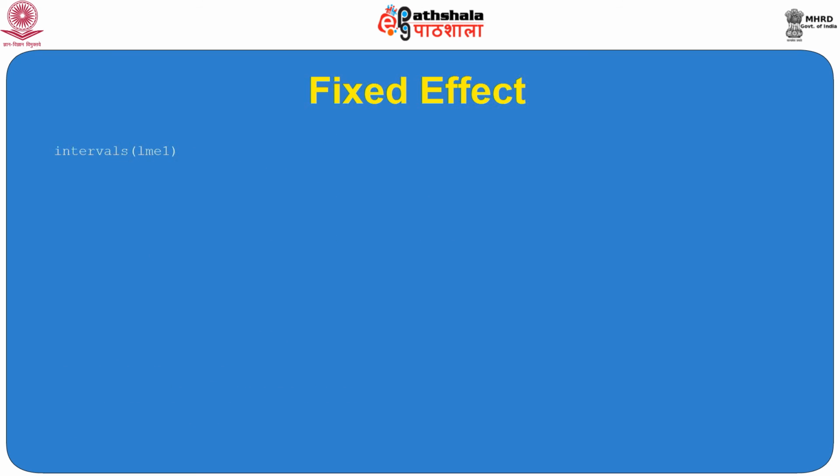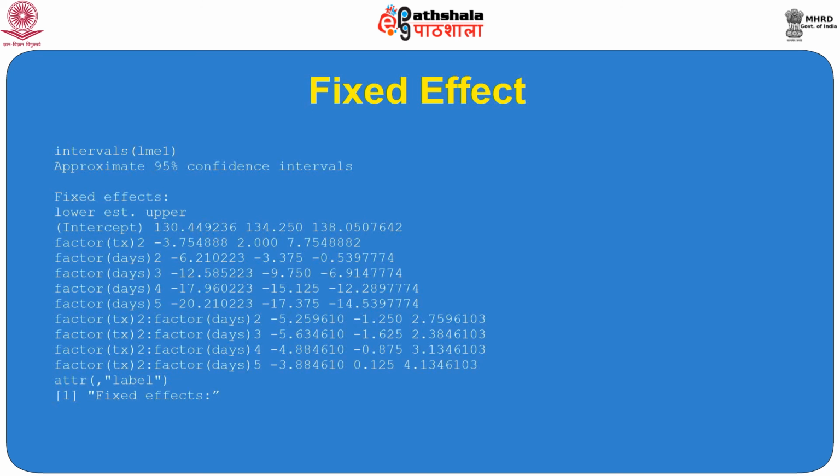Corresponding to the estimates we got for treatment and days, here we are getting the lower and upper confidence interval values, and for treatment 2 we are getting a lower confidence limit of minus 3.75 to 7.75. Again, the same is given for days 2, days 3, days 4, and days 5, with the corresponding lower and upper confidence intervals of the estimates.